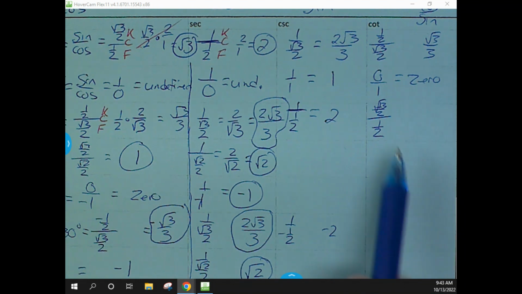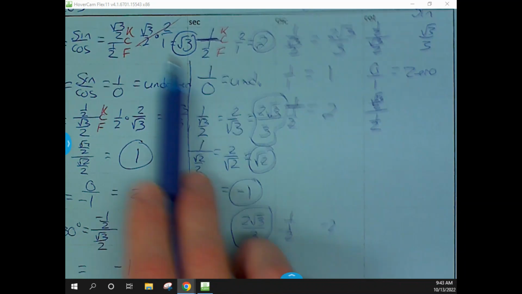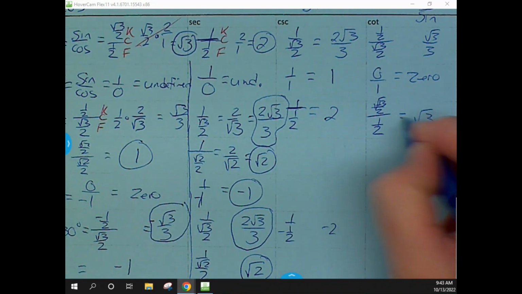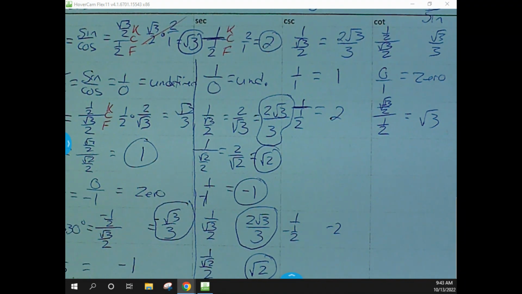But again, we already did that one on number 1, so I know this answer is just going to be square root of 3. It's just a matter of knowing which one. Everything spins off of being able to figure out what is sine and what is cosine. If you get sine and cosine, everything else is just one over the other, or 1 over one of those.